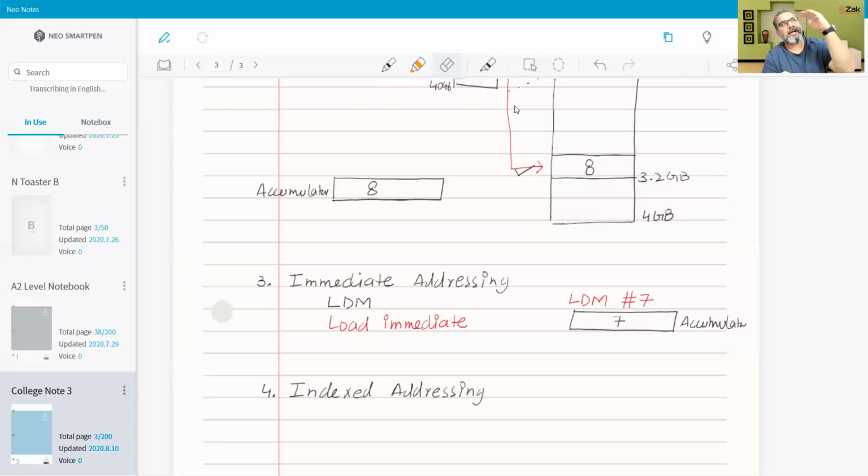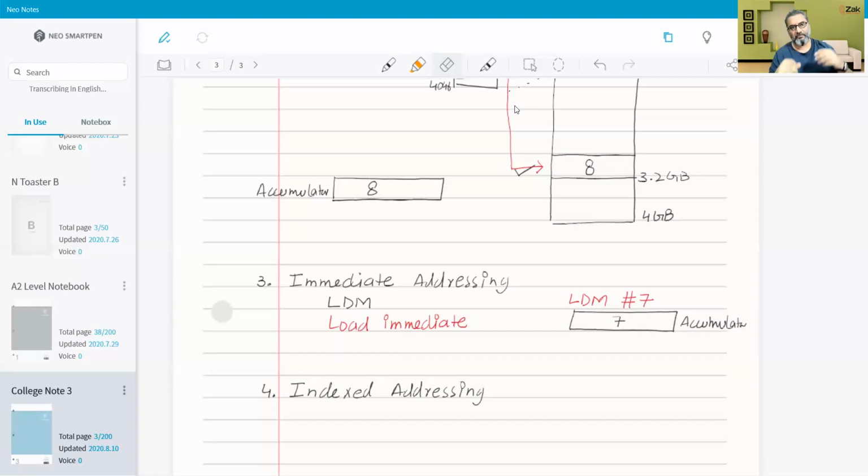If we like to access consecutive memory locations in one go, and we want to, let's say, have an operation of additions from address 50 to 59, we want to take data from every single address and add it.